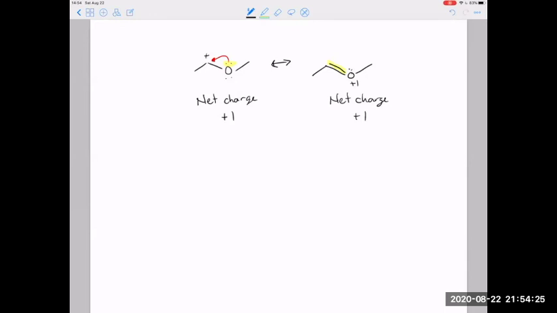It wouldn't have mattered which one of these pairs you picked. Right, because in the drawing it's arbitrary. But yes, this pair of electrons lives in a p orbital. That's why it's allowed to delocalize. This pair of electrons lives in an sp2 orbital, which is why it is not allowed to delocalize.